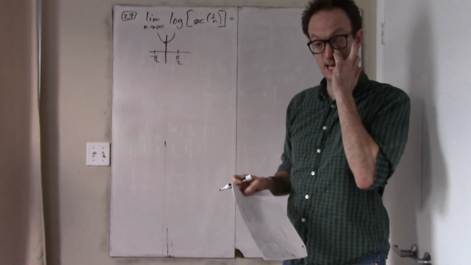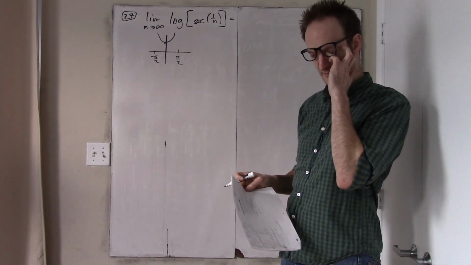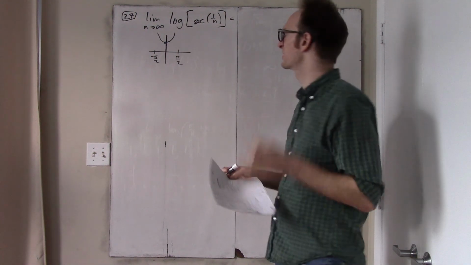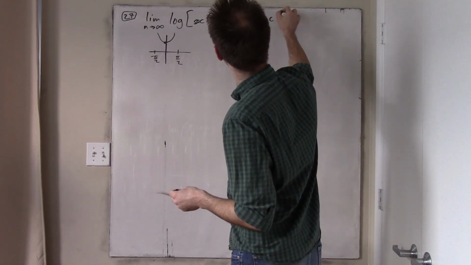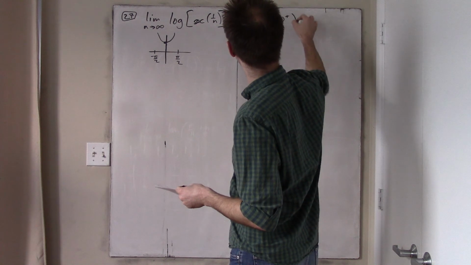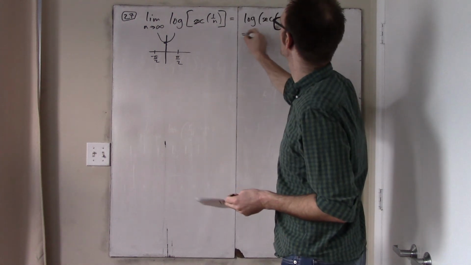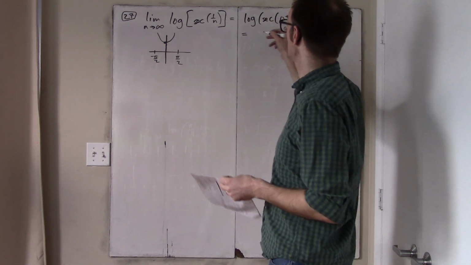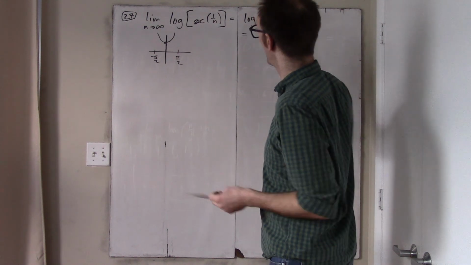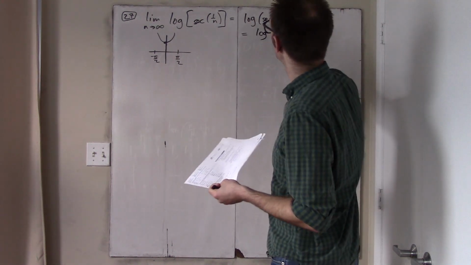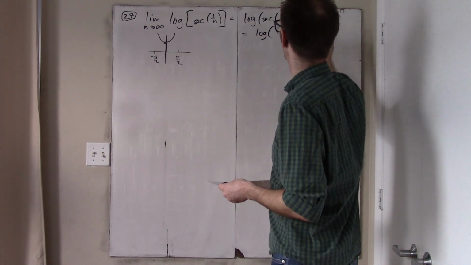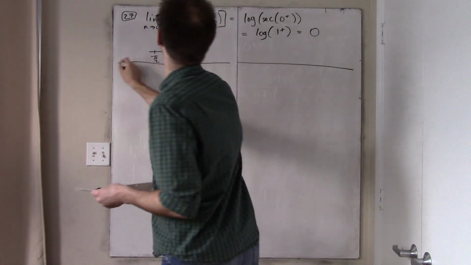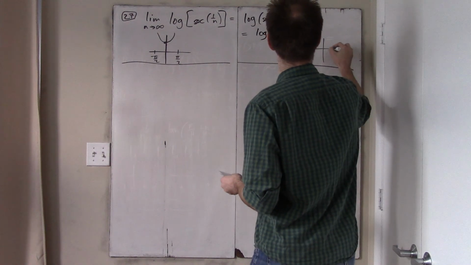So you're taking the secant of a number which is very, very close to 0, which is going to give you 1. So this is like the log of the secant of basically a tiny positive number, and the secant of a tiny positive number is pretty much going to be 1. In fact, it's going to be a tiny bit more than 1. And the log of 1 is going to 0, because that's just a fact about logarithms.